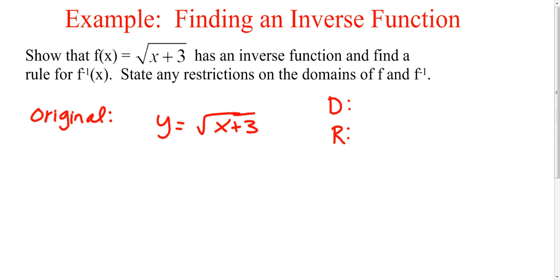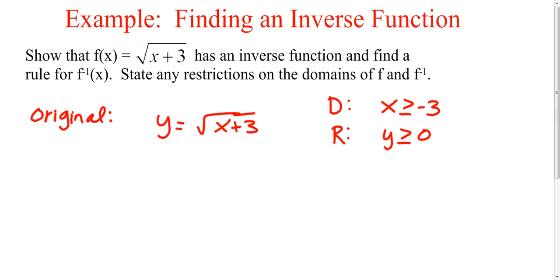Okay, I can't take the square root of a negative number, so I know here that my x value better be greater than or equal to -3. When you take the square root, you can never get an answer smaller than 0. So your y will be greater than or equal to 0. If you want to graph that function and look at it on a graph to figure out your domain and your range, you could, but that's how it goes.